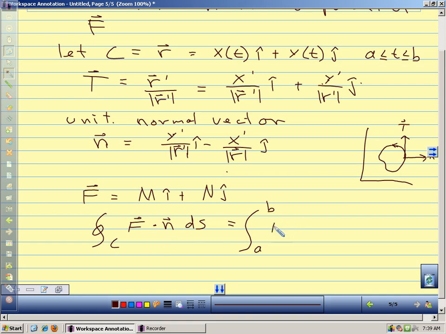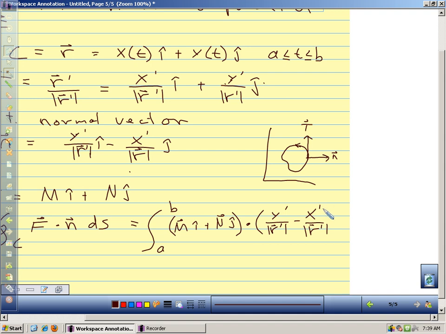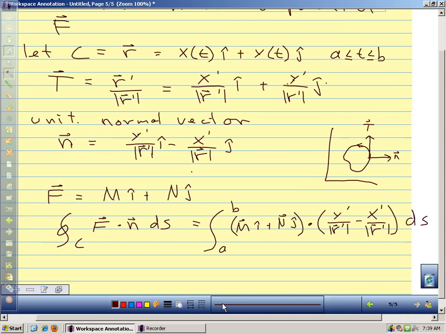So this is Mi plus Nj, and we're taking the dot product with our outward unit normal vector. So there's our expression for our line integral.